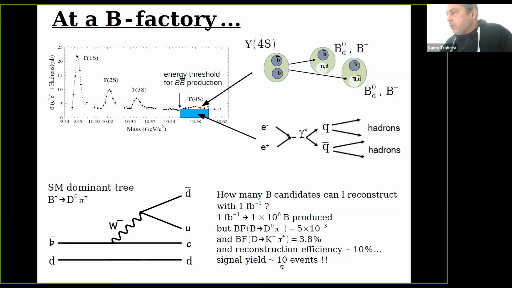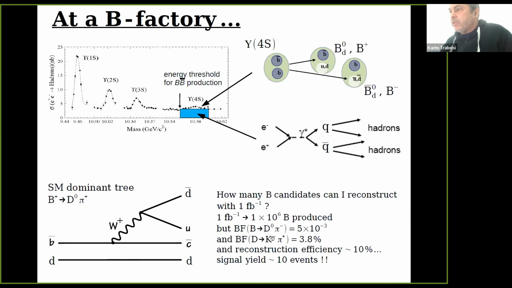I give you something which Saurabh can use a bit as an exercise for the tutorial: even if they are dominating, you can see with one inverse femtobarn, you can only reconstruct about 10 of those dominant Bs. So you have to account for an efficiency of reconstruction and the different intermediate state decays, typically charm to kaon in this case, which lower your sensitivity.